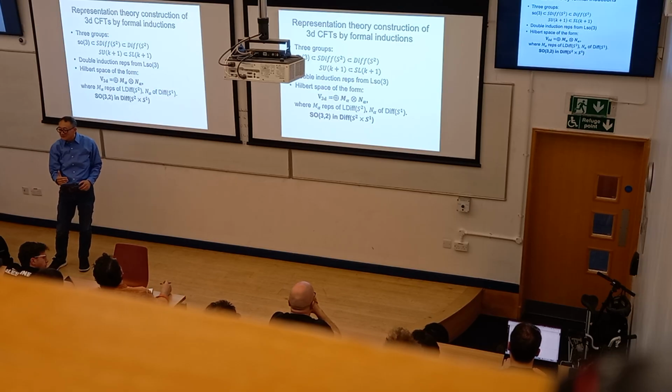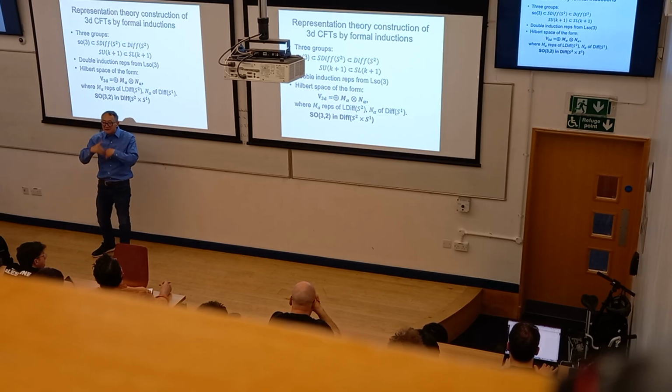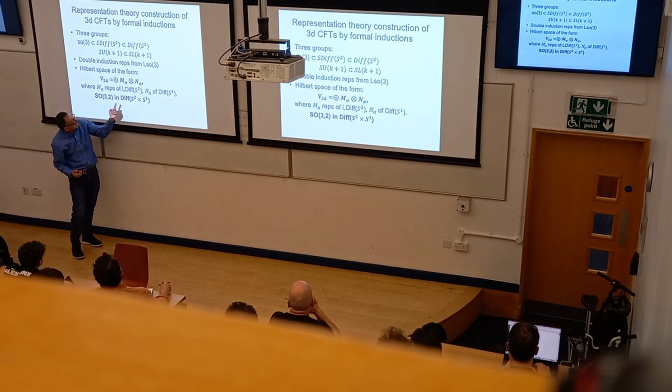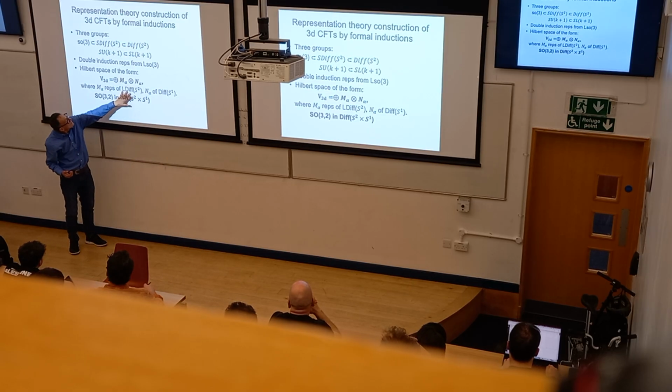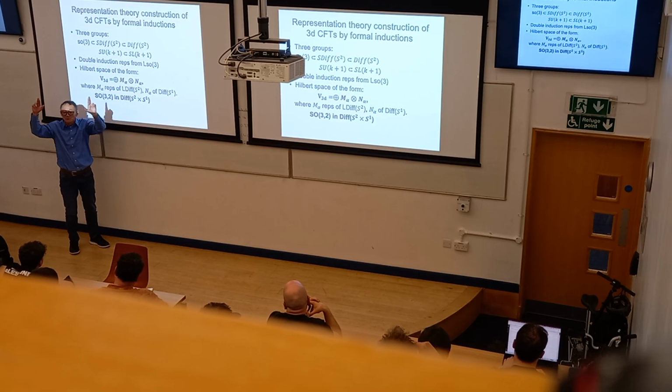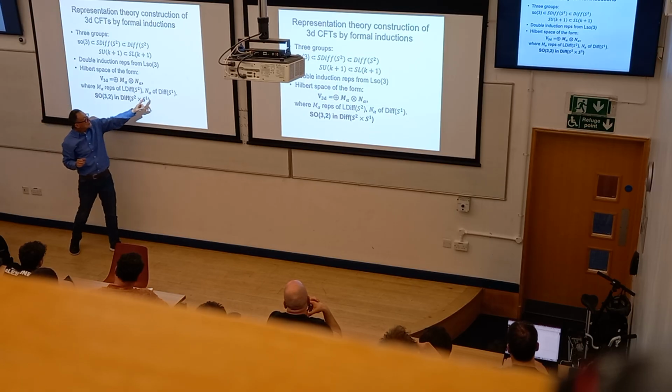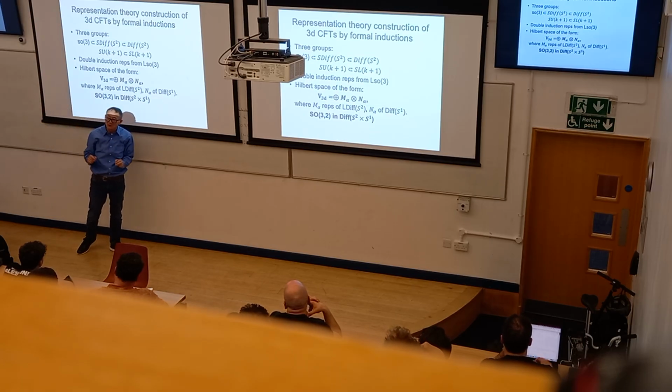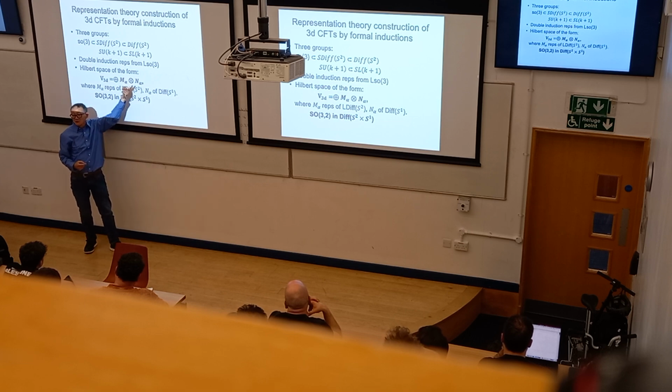If you have a representation of a subgroup, you do induction. That's like a related automorphic form. If you induct onto it, that will give you a representation here. And then I need to take a loop, and this will be my left mover. And then I need to take a representation of the Virasoro algebra to cancel the central charge from here to make this anomaly free. And that's my candidate.